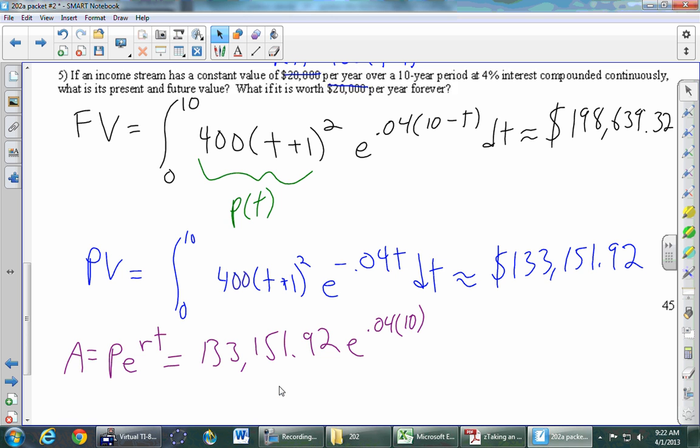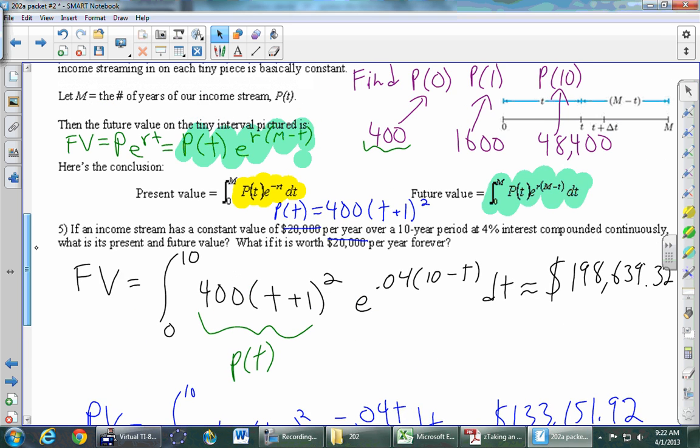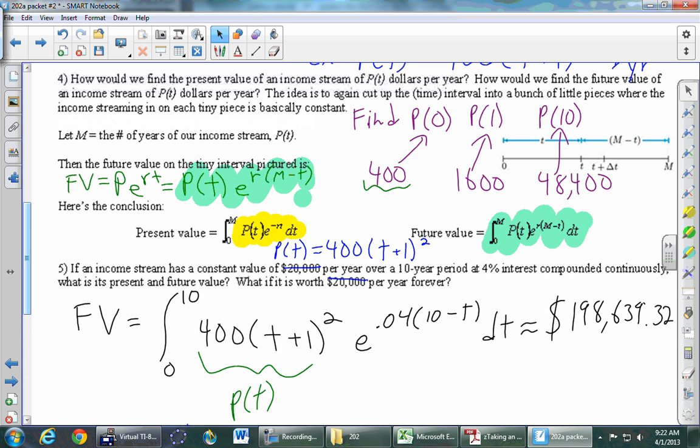What you're going to have an opportunity to do is really think carefully about what the income stream idea is, and what it means to actually calculate how much the money in this tiny little interval grows to, and then adding up all the pieces and eventually getting to an integral. The problem could be tackled in one fell swoop by just writing some stuff inside of an integral, but the project is supposed to lead you very carefully through why the integral is the right tool for that one.